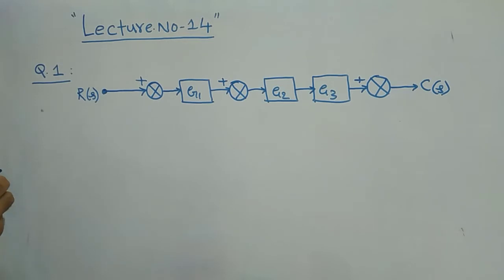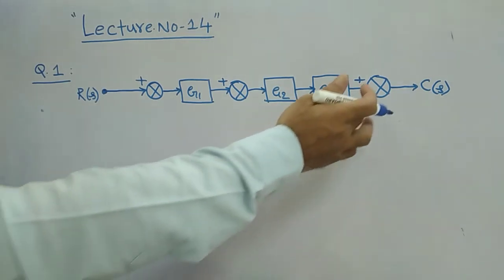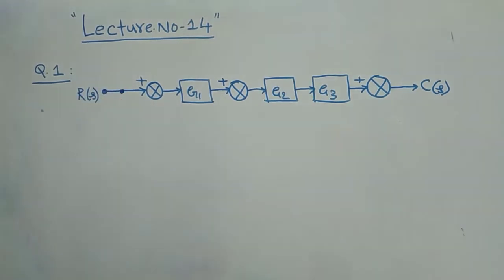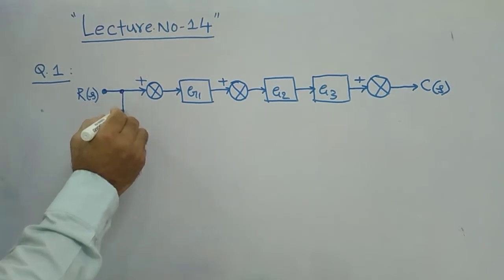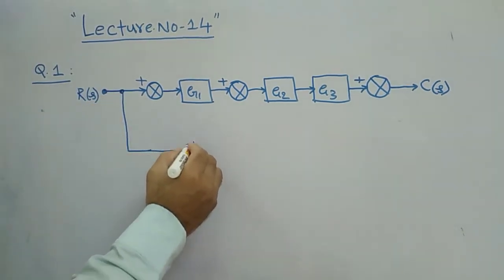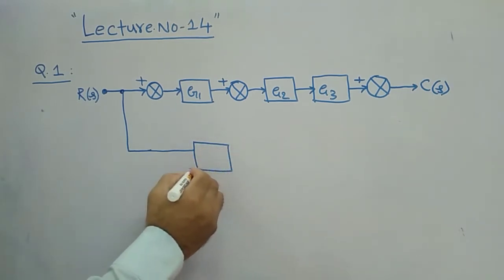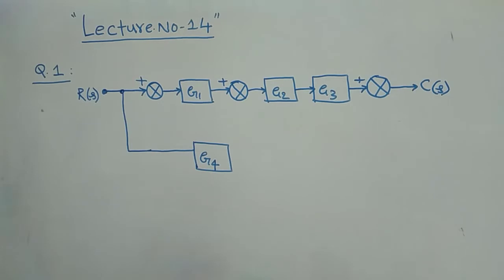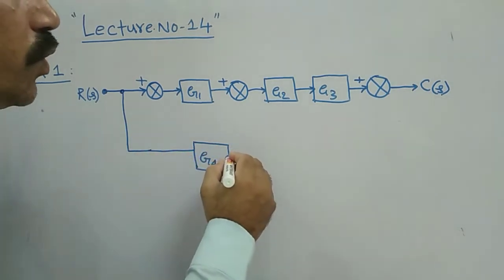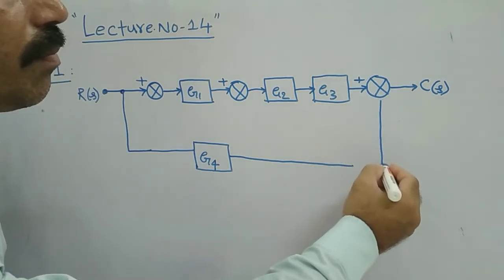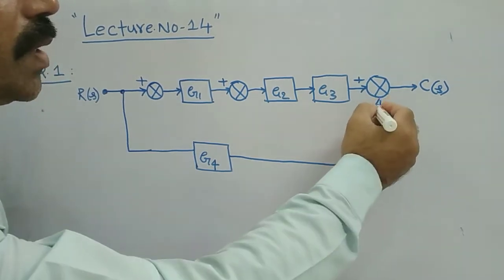From the last summer, from this point you have gain G4 given, and it is going to this summer with plus sign.